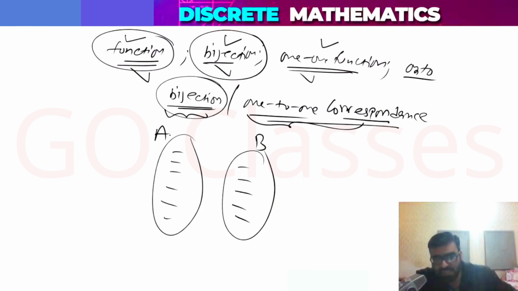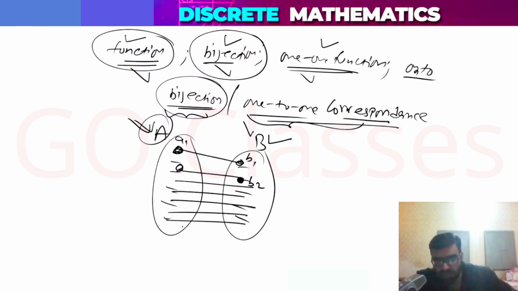Bijection, or one-to-one correspondence, says that for every element here you have a unique element here. Also for every element here you have a unique element here. Basically for every element of set A you have a unique element of set B, and for every element of set B you have a unique element in set A. This type of situation is called one-to-one correspondence.